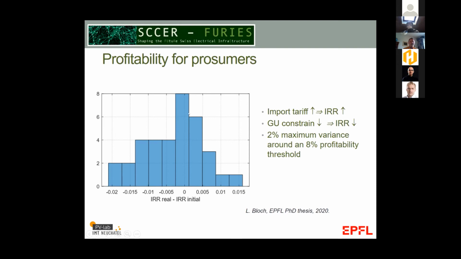It's due to the fact that the import tariff increases with time, so the interest also increases, and the grid usage constraint, so the grid usage which decreases, will force the return rate to decrease. But these two effects compensate each other, and we observe a very small variance around an 8% profitability, or it's not 8, it's 6% profitability for the system.